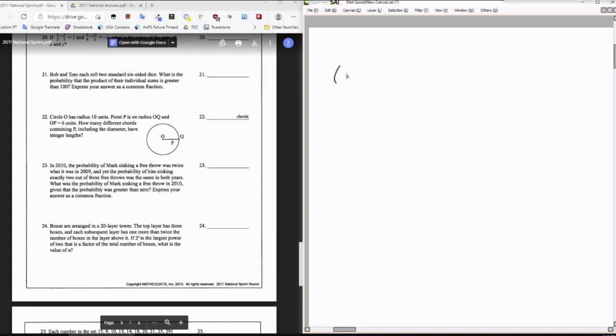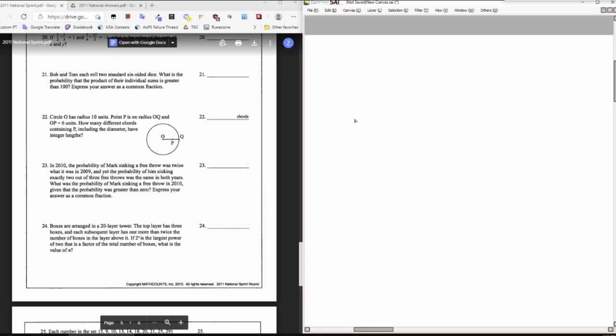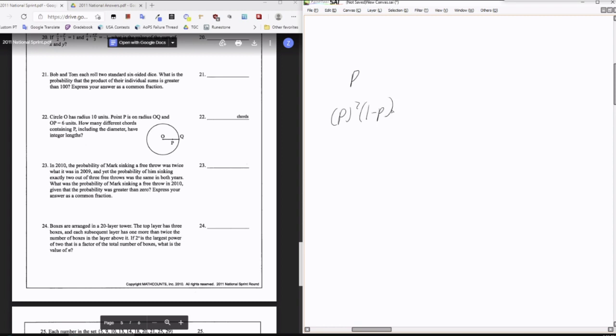Let's say the original probability is P. So the probability of him sinking exactly 2 out of 3 free throws in 2009 will be P squared times 1 minus P. We can set this equal to the 2010 probability, where his probability will be 2P.